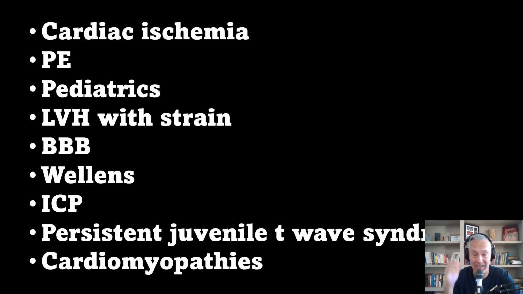So if you see inverted T waves in what we call a coronary distribution, so inverted T waves in 2, 3, and AVF, or inverted T waves in V3 and V4, or inverted T waves in V5 and V6, right?